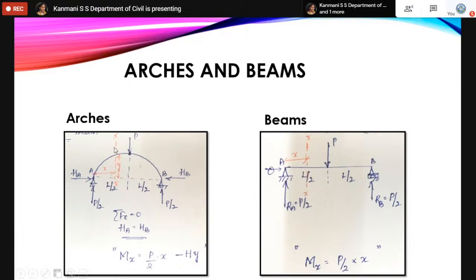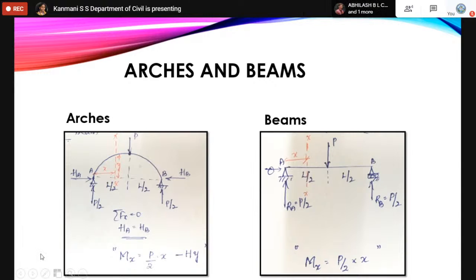If you want moment at this section X, MX is equal to, now see, this is creating a sagging moment. Left side clockwise positive, that is P by 2 into X, the first value. Section X is here, now HA is moving in the anti-clockwise direction.